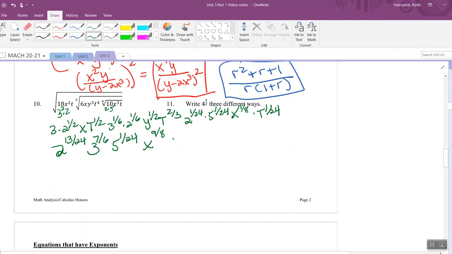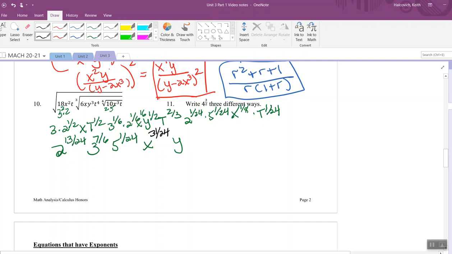And then we have y. Oh, I skipped an x here. It's to the 1/6. So I gotta take that into consideration. So it's going to be 24 24ths plus 4 24ths, which is 28, plus 3 is 31 24ths.